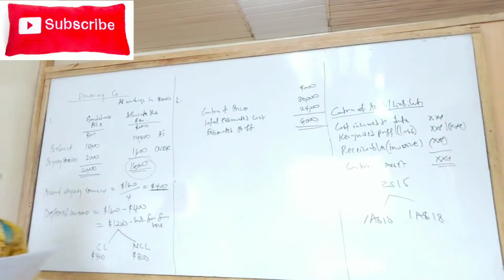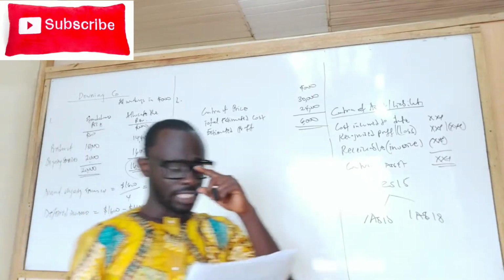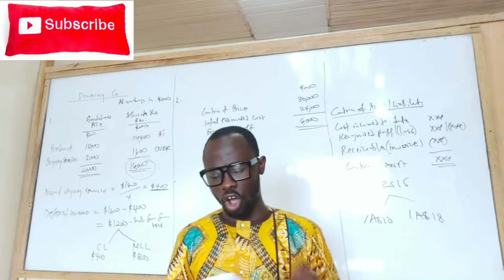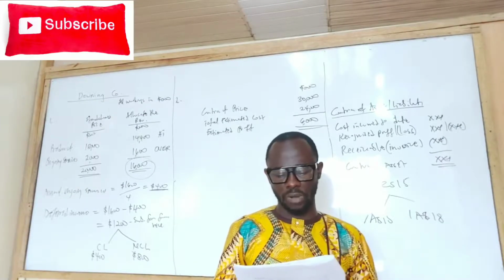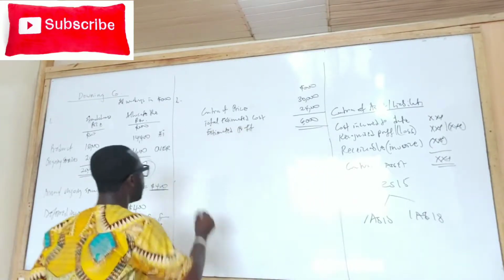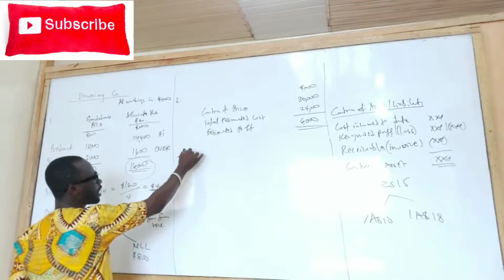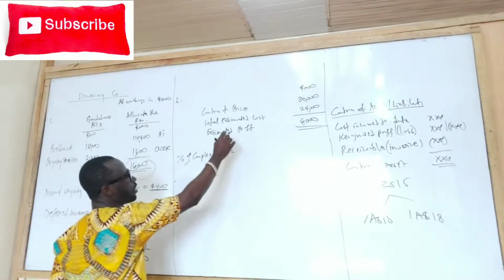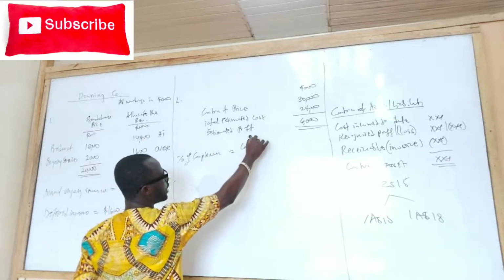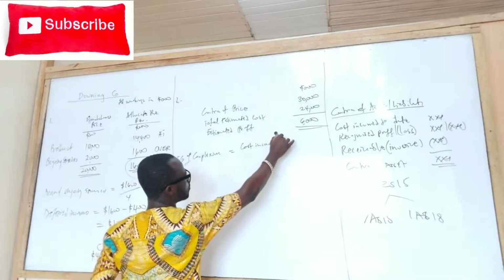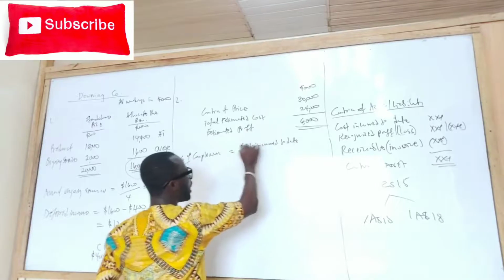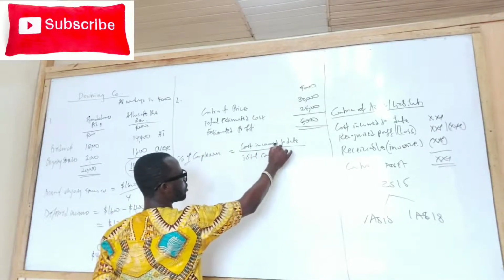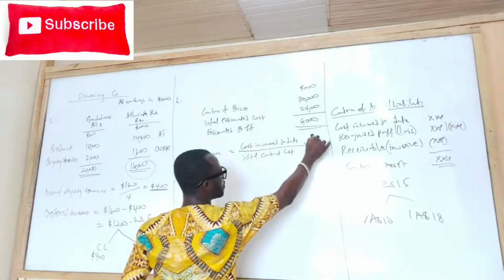But we are told that it is the company's policy that they will allocate profit or progress of completion using the input method. So for us to get the percentage of completion, it will be cost incurred to date divided by total contract cost times 100.